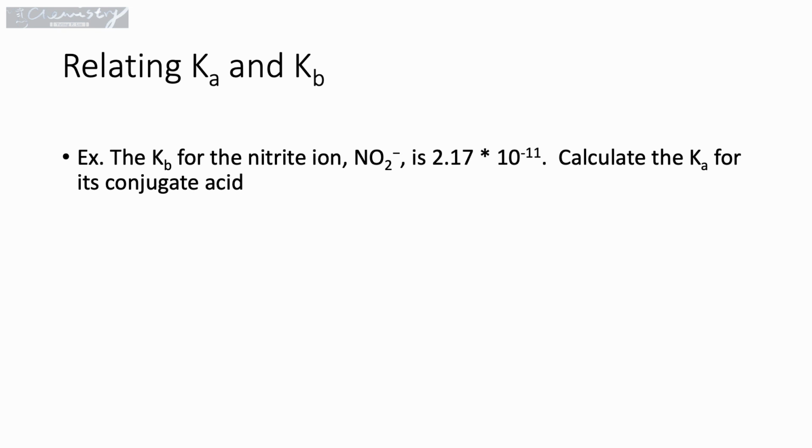So as discussed before, we know that for any conjugate acid-base pair, Ka times Kb is going to equal 1.0 times 10 to the negative 14. That means that if we have the Kb, we can calculate the Ka for the conjugate acid.